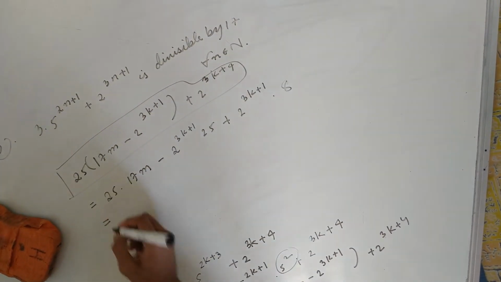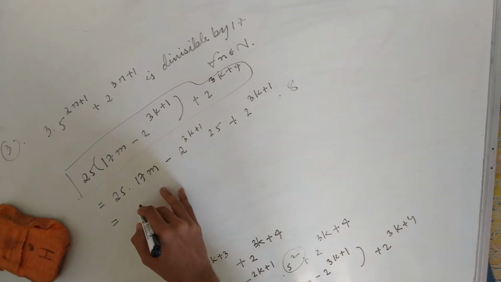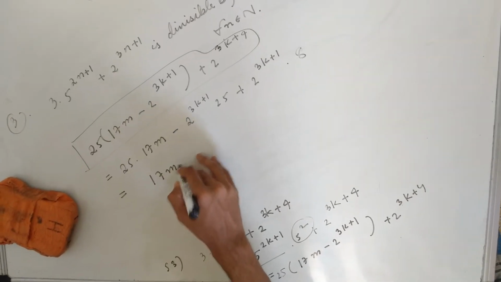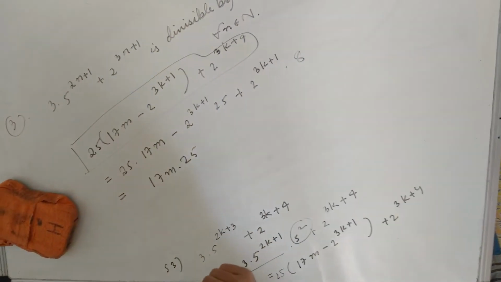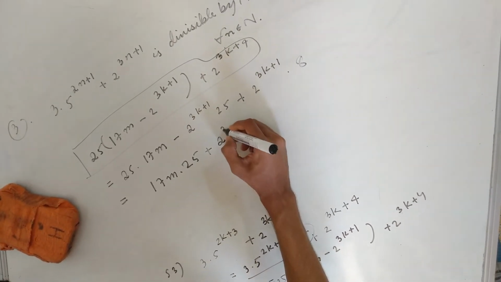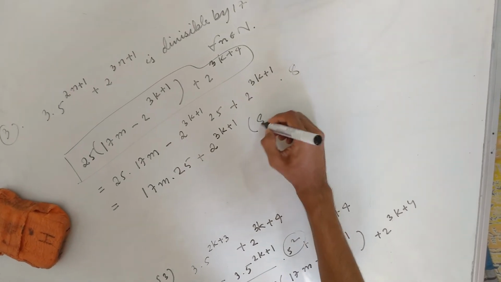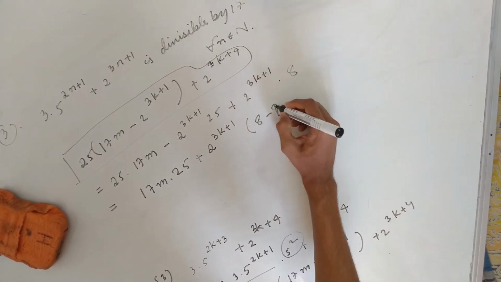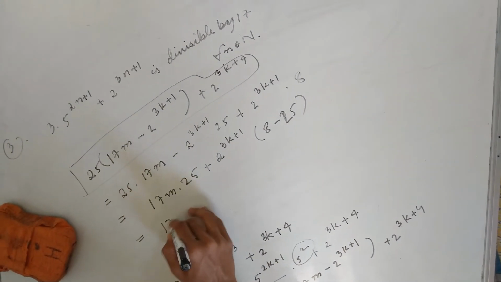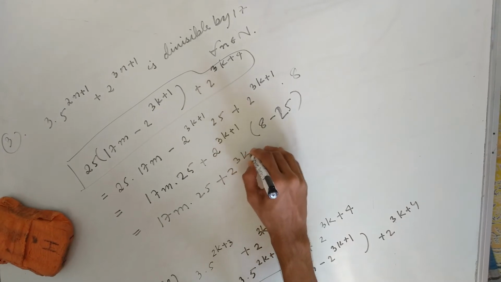Now we can write 17m into 25, and take 2 power 3k plus 1 common. So we get 8 minus 25, which is minus 17. So 17m into 25 minus 17 into 2 power 3k plus 1.